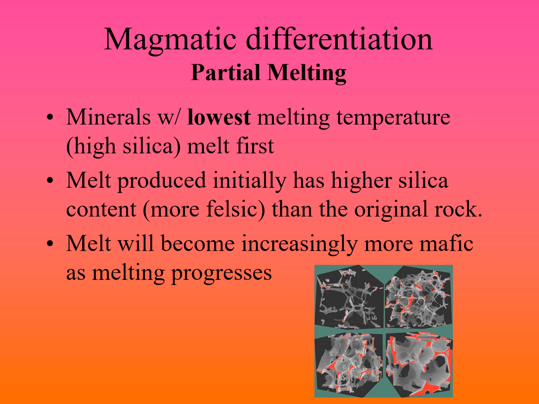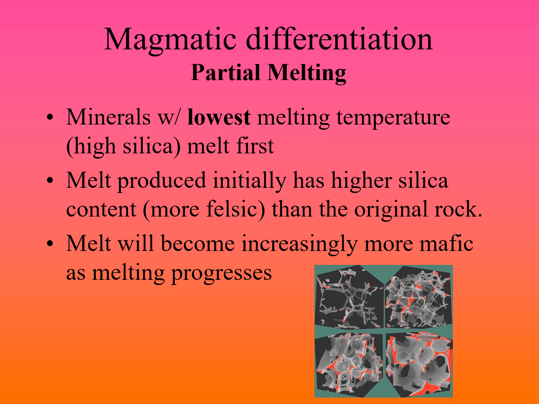But the more mafic minerals, olivine, calcium-rich plagioclase, that stuff's still solid. So the available melt for an eventual crystallization of different minerals is going to be more felsic, that is higher in silica.